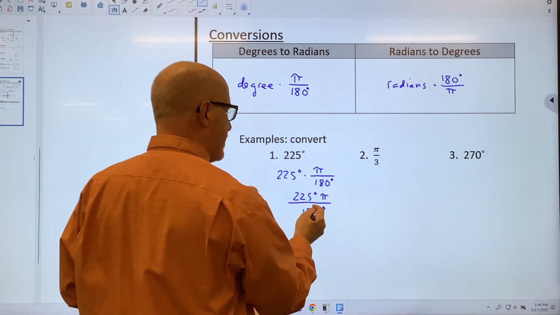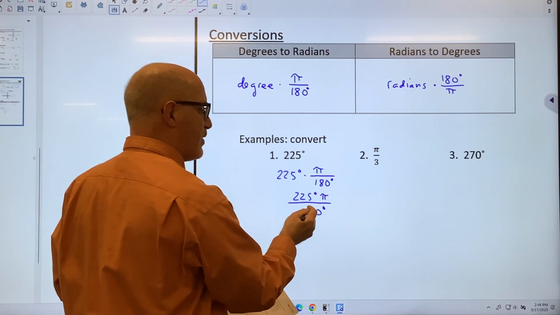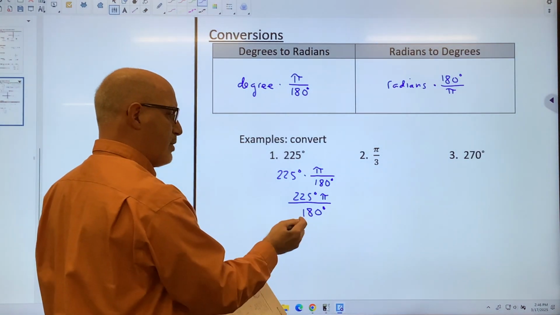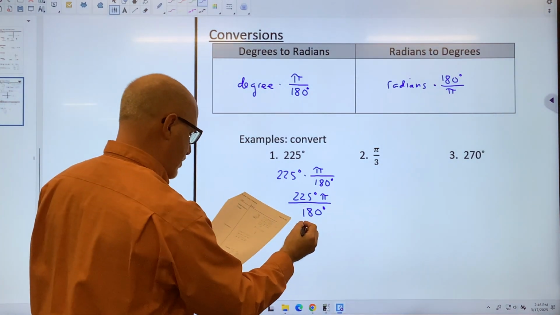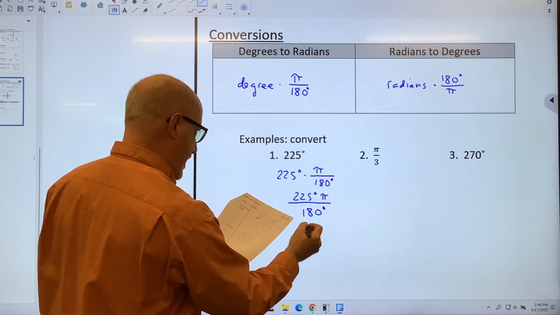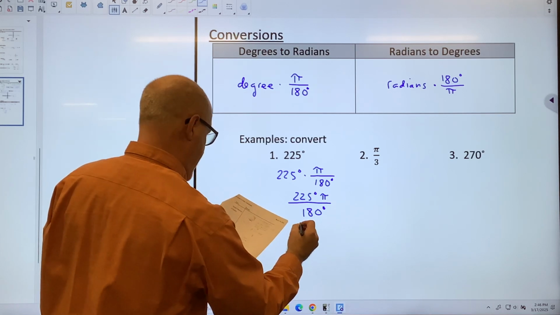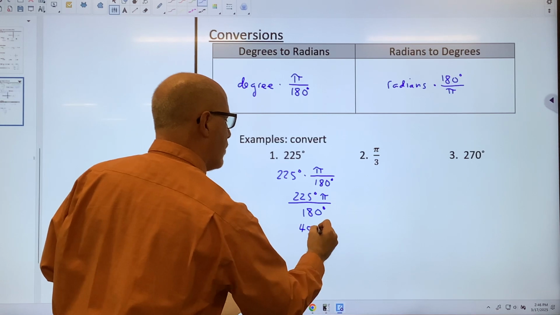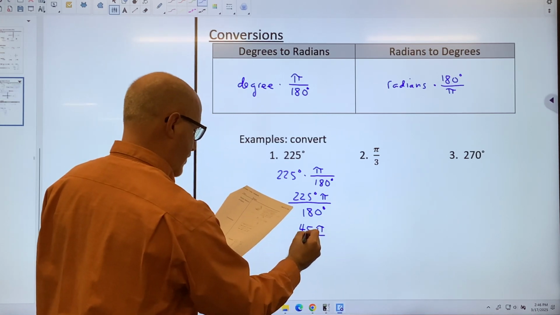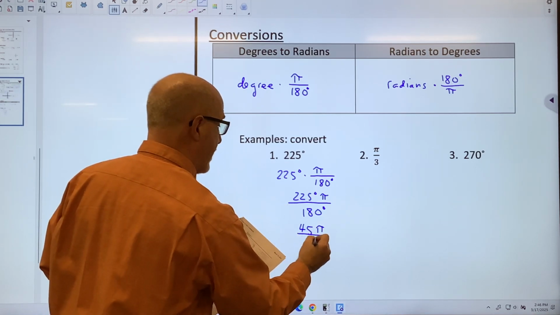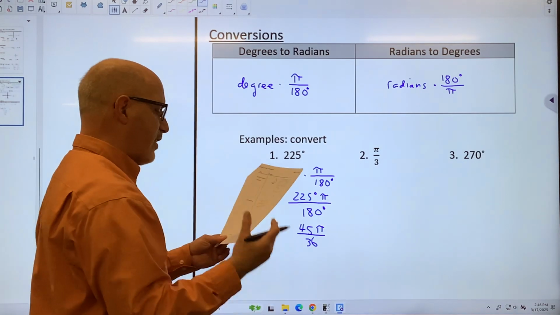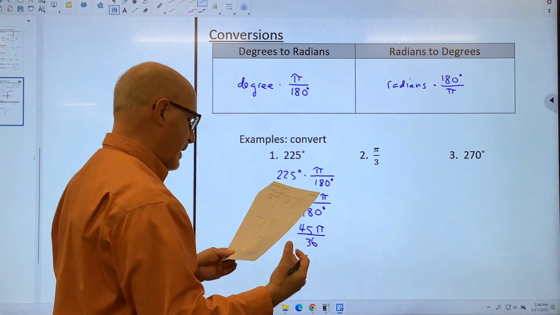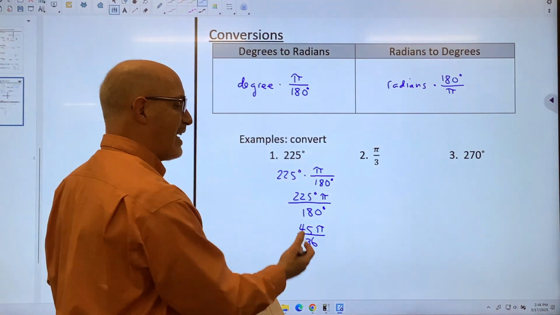So if you reduce this down, you can take out several numbers, and it reduces down to, let's see, if I take out a 5, I'm going to end up with 45 pi over 36. Okay, and I can reduce further. Both of these have a 3 in it, and actually they both have a 9 in it.